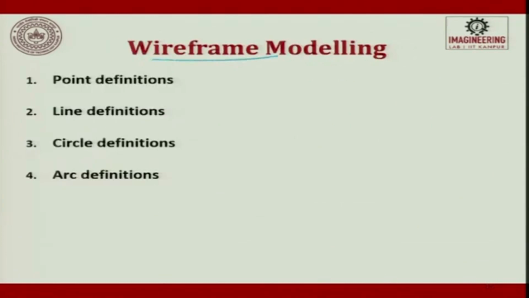Let us now first look into a line model, which is otherwise called as wireframe model. So, here we will try to define a point, a line, a circle and an arc.